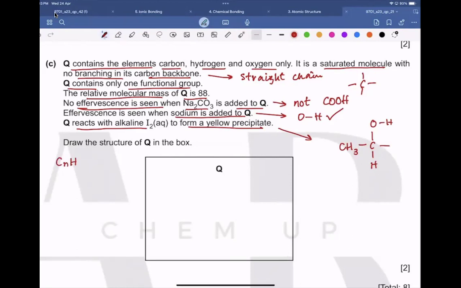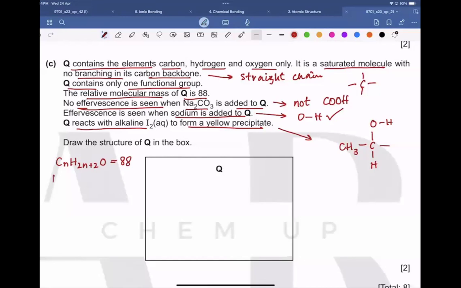So it follows the general formula CnH2n+2O. If it is CnH2n+2O and its Mr is 88, let's put in the values. Yes, for carbon, nitrogen, and oxygen, that is correct what you said, Umar.